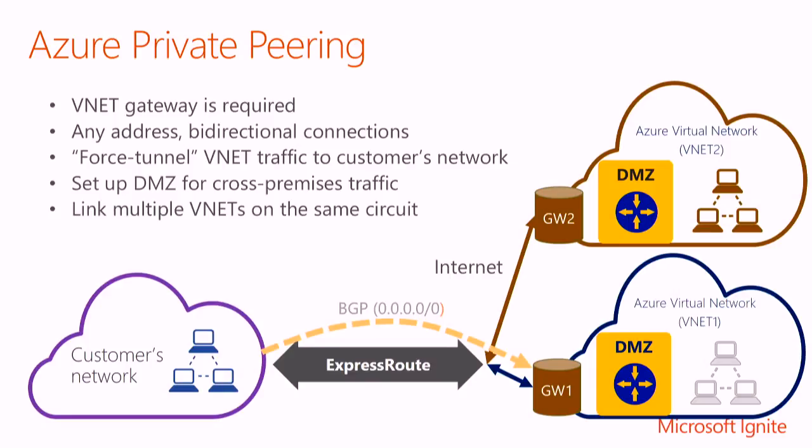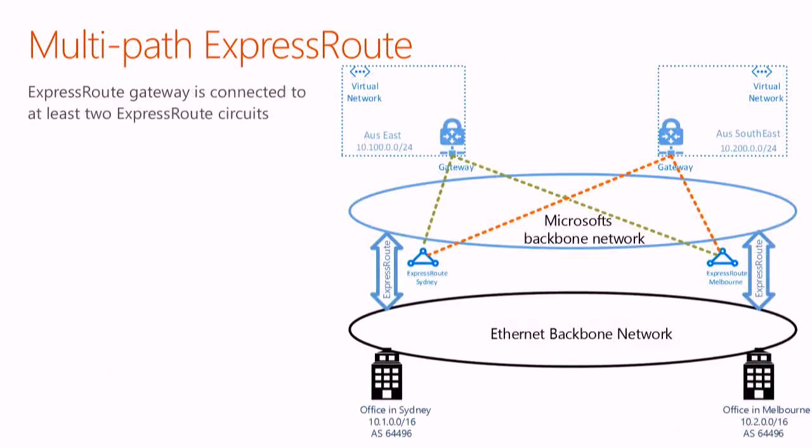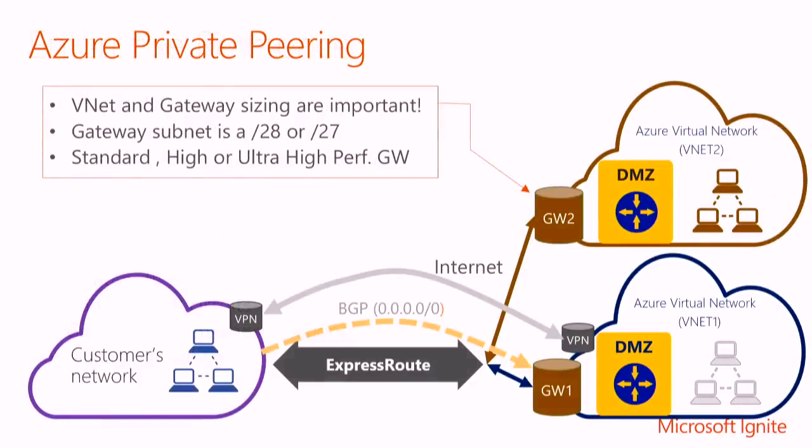That's also possible. Another thing to touch upon here is that VNet peering has a requirement that the VNets are in the same Azure region, whereas in this one, you can link these 2 VNets in the same Azure region or different Azure regions or different geo locations, depending on the ExpressRoute SKU.